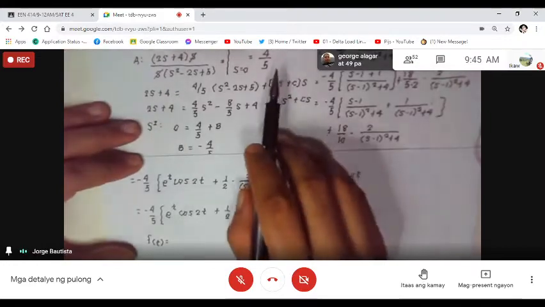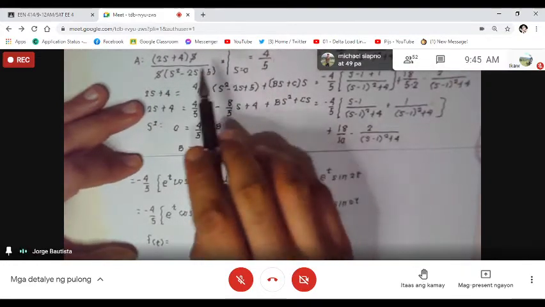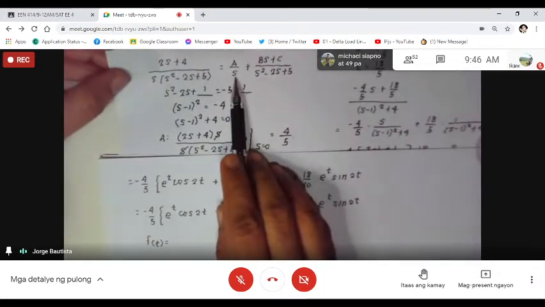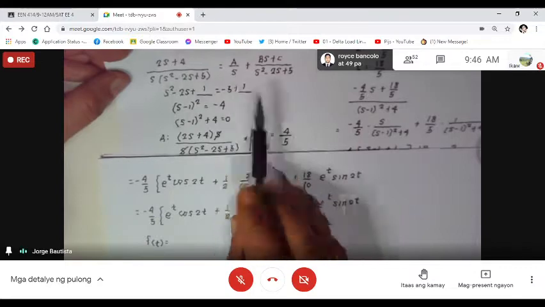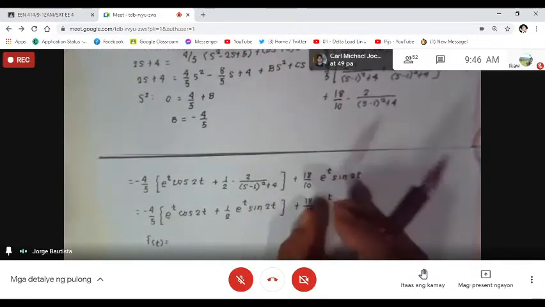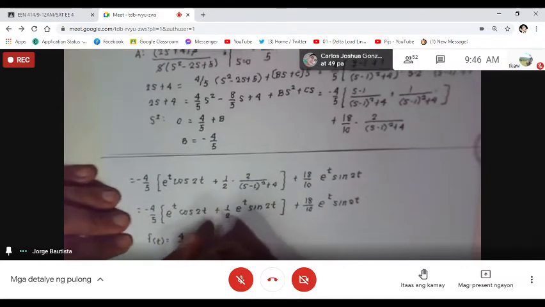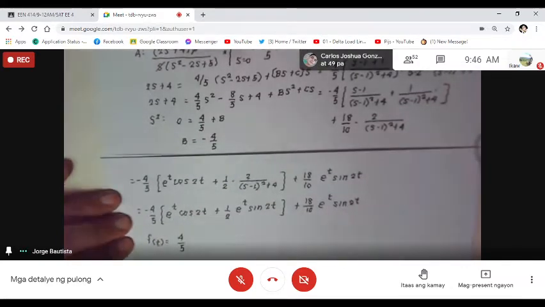Saan na yan? Ito, no? Ito. Yeah. 4 over 5 over s yan. So, pag kinuha mo yung inverse Laplace niyan, constant na lang matitira. So, 4 over 5, no? So, you have 4 over 5. Okay? Yan. Next.